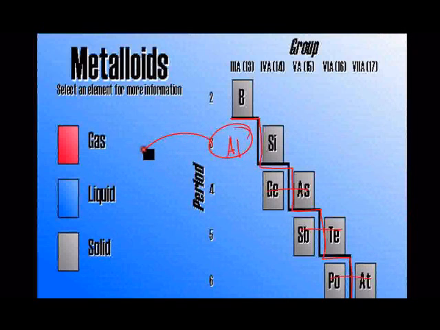Aluminum is a metal. Silicon is still a metalloid. And boron is also a metalloid. Metalloids tend to have 3 to 5 electrons on their outermost energy level, and they have properties of both metals and nonmetals.